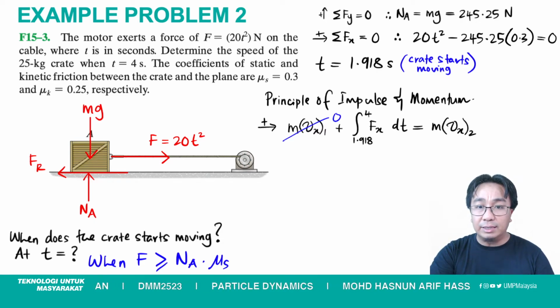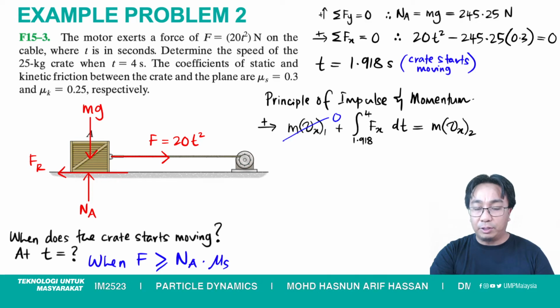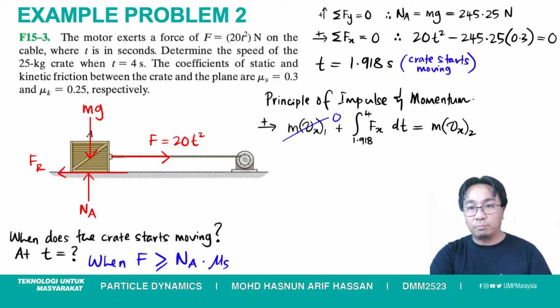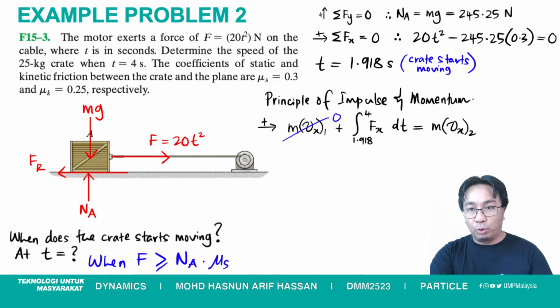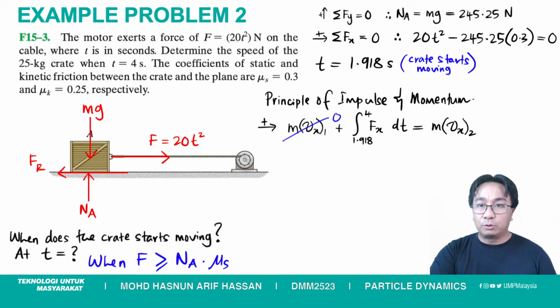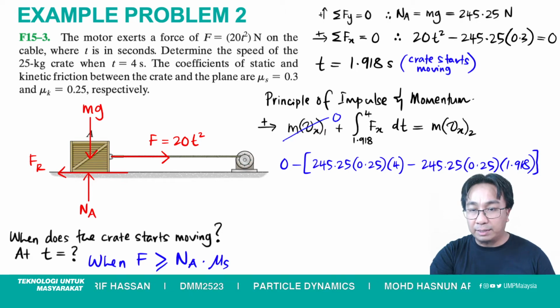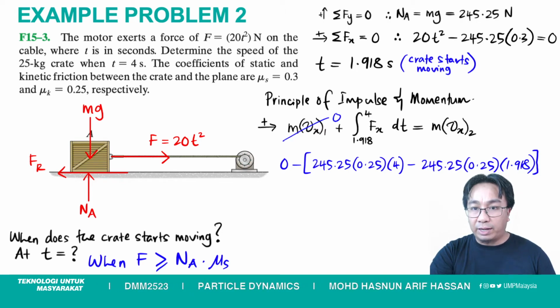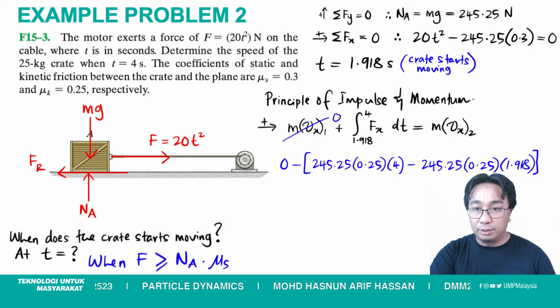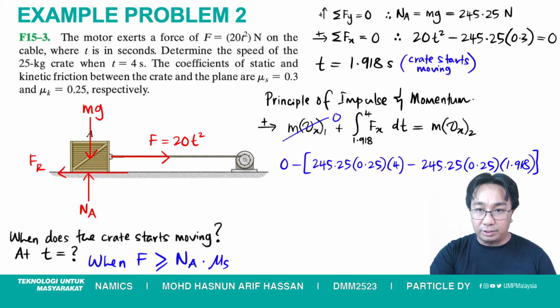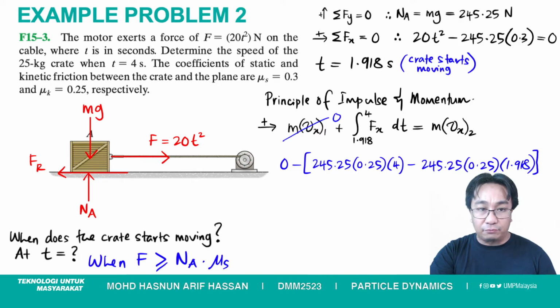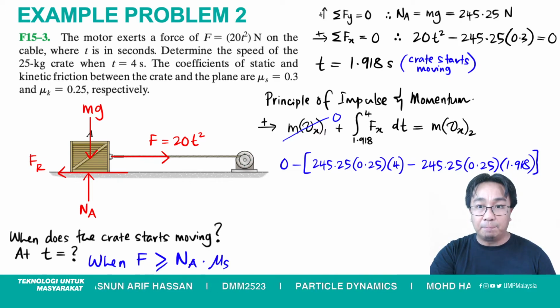And because we integrate not from 0 to 4, but from 1.9 to 4, we have to multiply 245.25 by 0.25, the kinetic friction. You will have the friction force. The time is 4, so multiply with the time, you get the impulse.